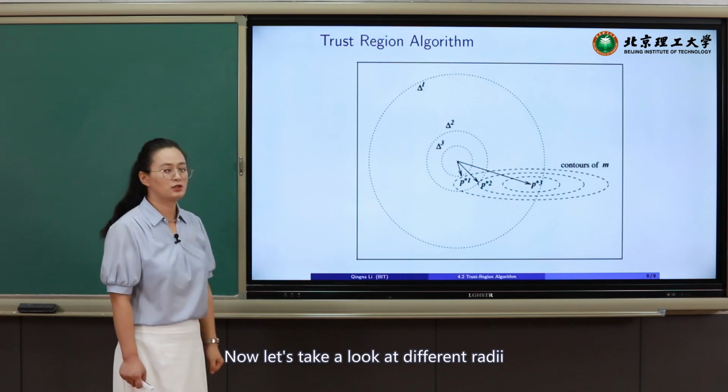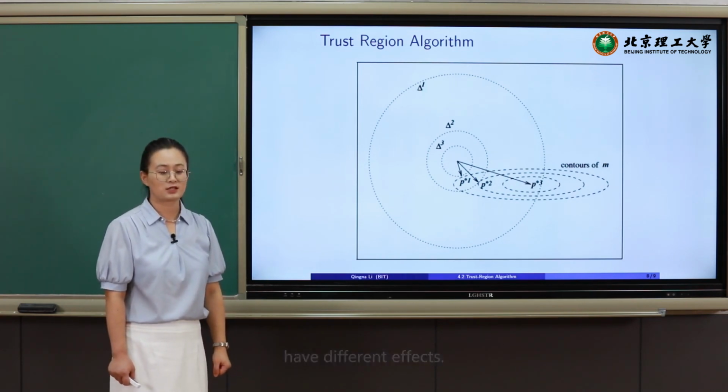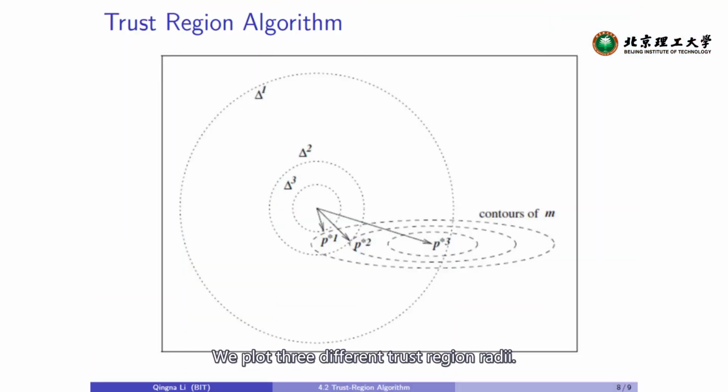Now, let's take a look at how different radii have different effects. Okay? So we plot three different trust region radii. Meanwhile, we also show the contours of the model function m. If we're looking for the minimum over the smallest trust region for the model function, then we will reach the direction p star 1 here, right?